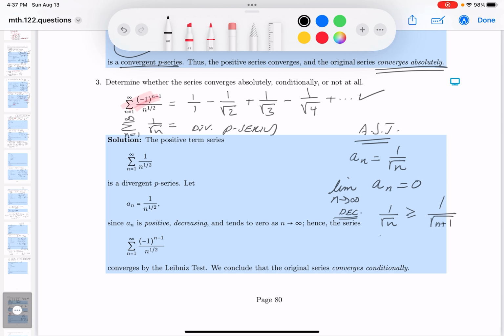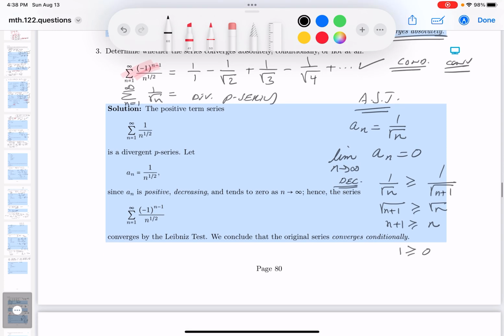Well, it's pretty easy to do that, I think. You get this over here. And by the way, I think it's pretty obvious, but if you want, you can square both sides. Subtract n from both sides. And certainly that's true. 1 is greater than or equal to 0. So by the AST, this is conditionally convergent.